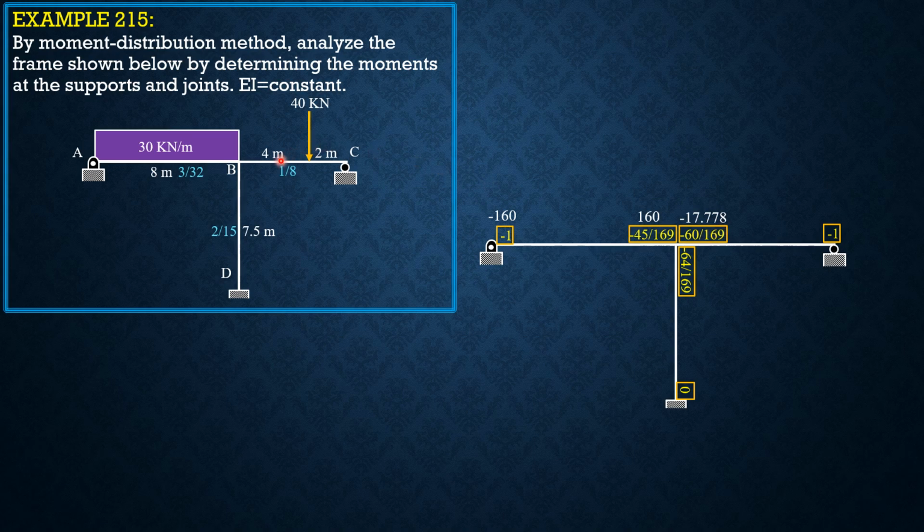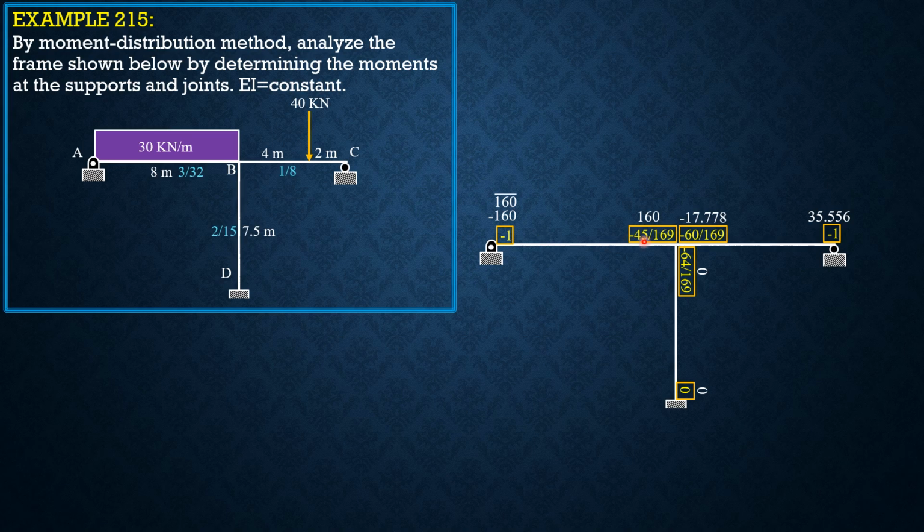Replace 4, make 4 square. So +40 times 2 times 4 square over 6 square. The fixed moment here is +35.556. And for this member 0, there's no load. Then distribute. -160 times -1 is 160, so 0 also here, is 160.